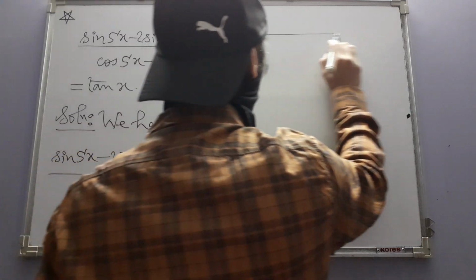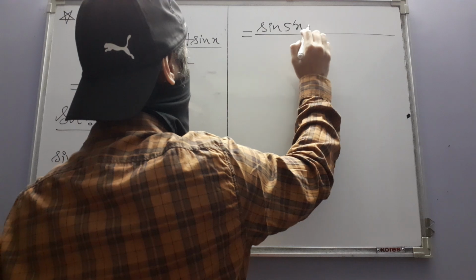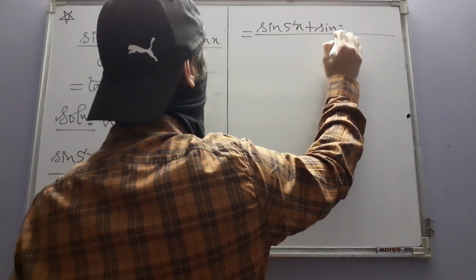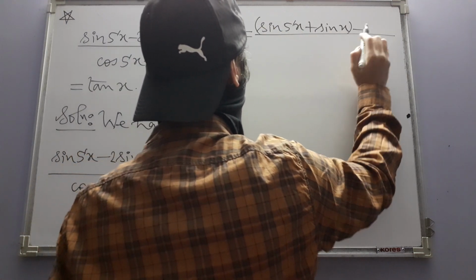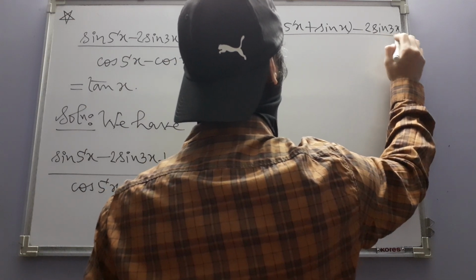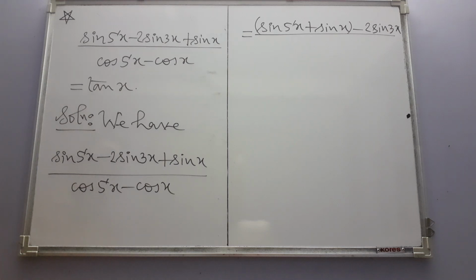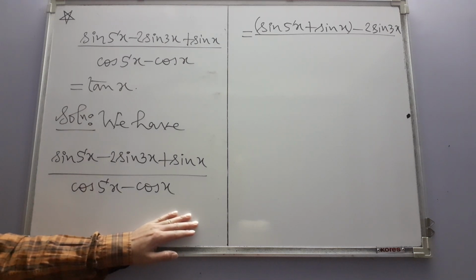Okay, so in this step, we first bring the things together. Minus 2 sine 3x divided by, you can in fact start applying the denominator formula here itself.